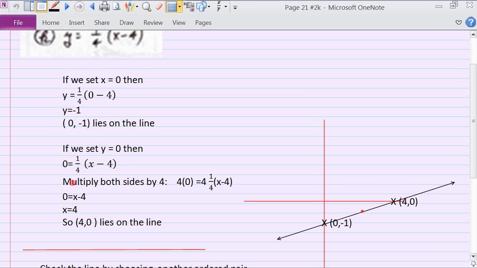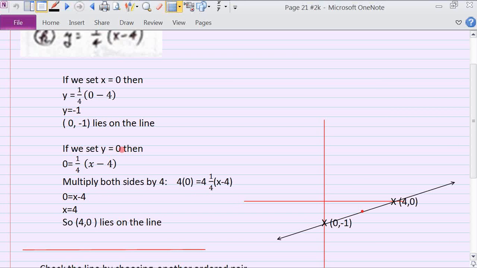Then I multiply both sides by 4, so I get 4 times 0 on the left here, and then 4 times a quarter on the right, brackets x minus 4. So 4 times 0 is 0. This 4 cancels with this 4 because this 4 is on the numerator. This one's on the denominator. They cancel. I'm left with x minus 4, which means that x equals 4 when y is 0.